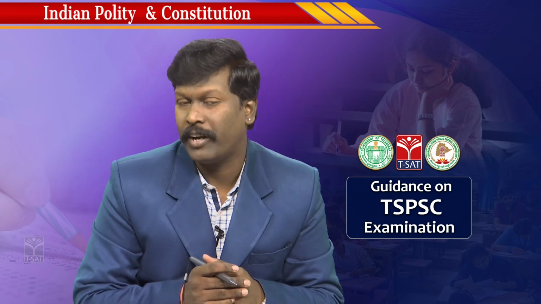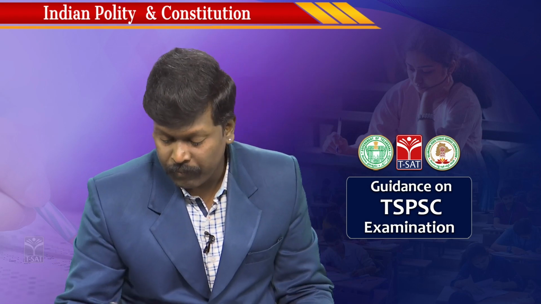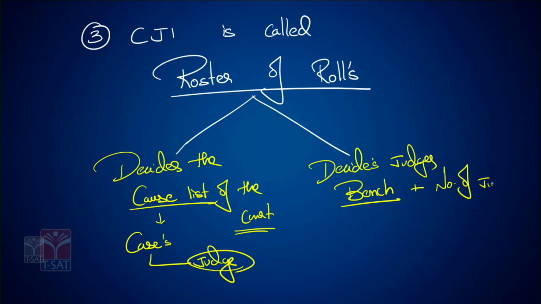The second important reason is that he also decides the bench, the judges bench, as well as the number of judges in a bench. What is the meaning of this?